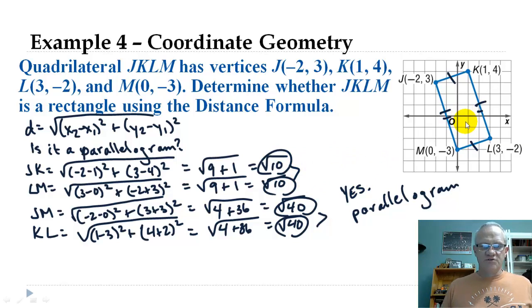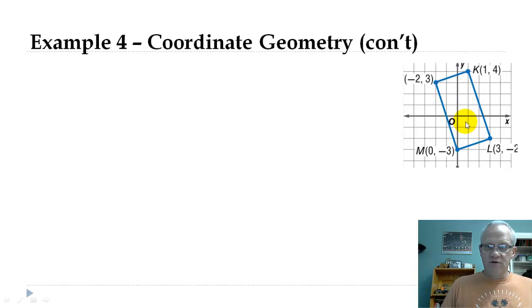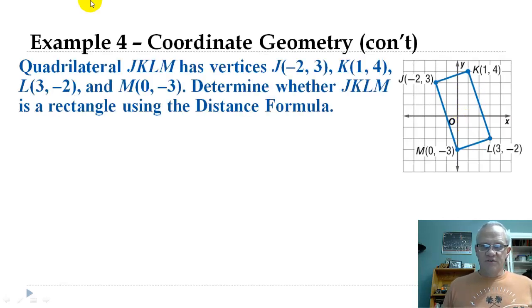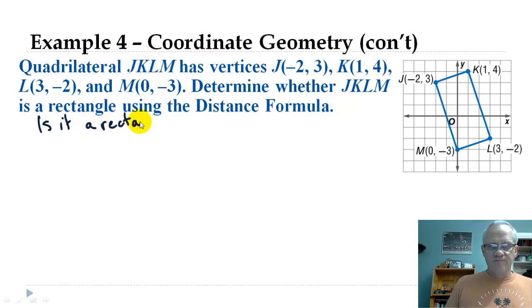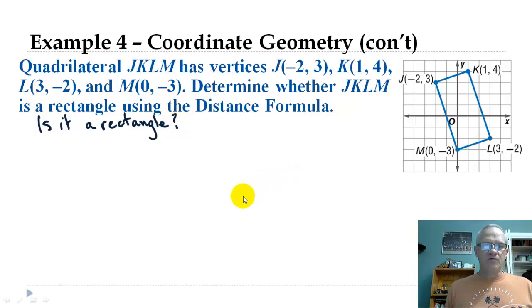All right, but if these both match up, which they do, we have to do one more step. And so that's why, fortunately, I made one more slide that we can go to here. It's all the same information here, but since we've figured out if it's a parallelogram, the other thing now we figure out is, is it a rectangle? And so now that we know it's a parallelogram, what's different about a rectangle?